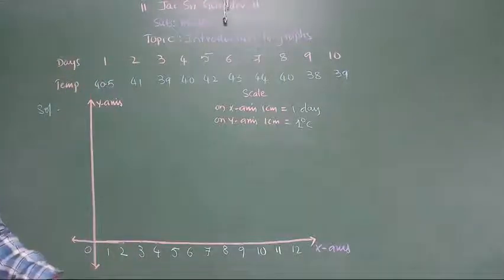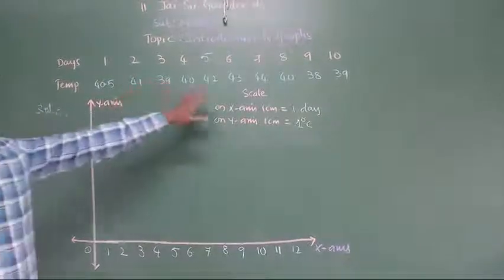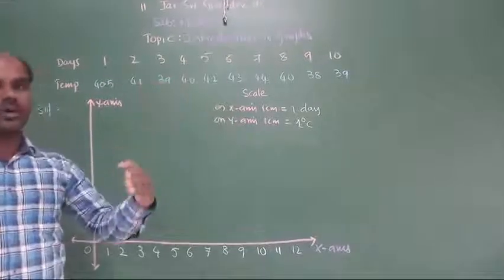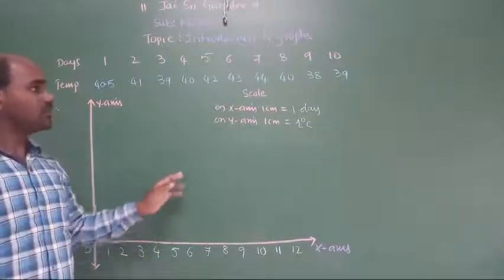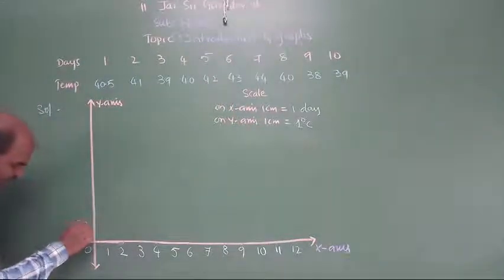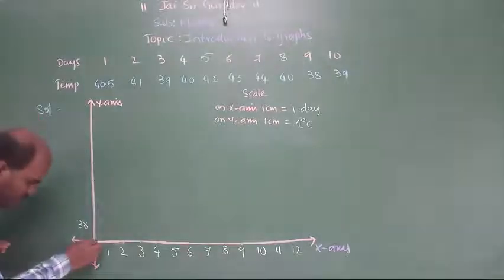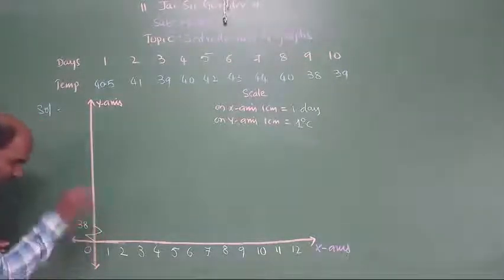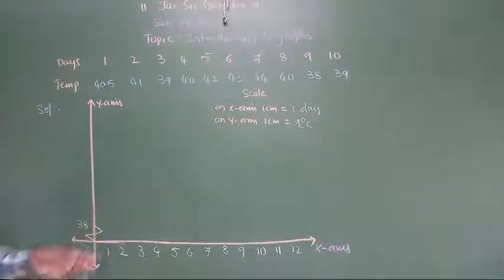So what we want to do is adjust the graph. To adjust the graph, we take the lowest value onwards on the y-axis. The lowest value is 38. From 0 to 38 we don't have any temperature, so from 0 to 38 we put a curve or a z shape.